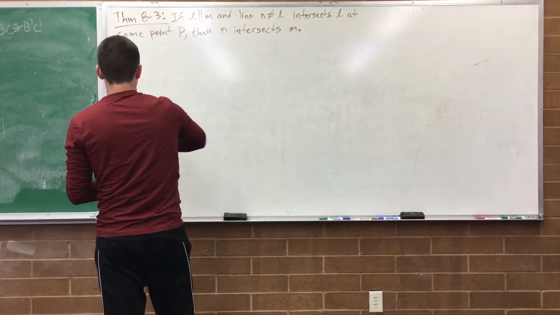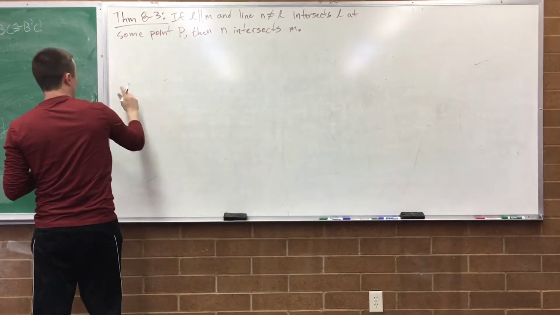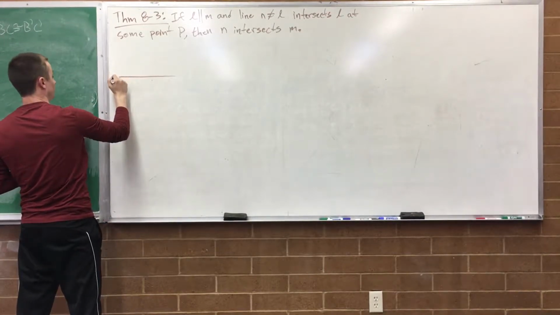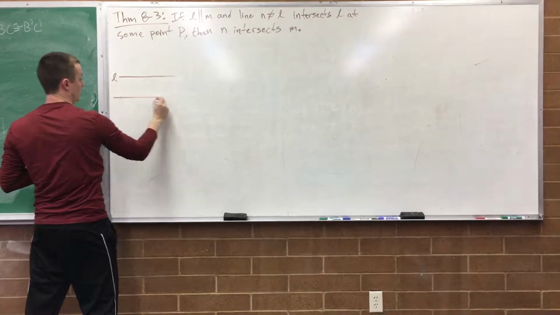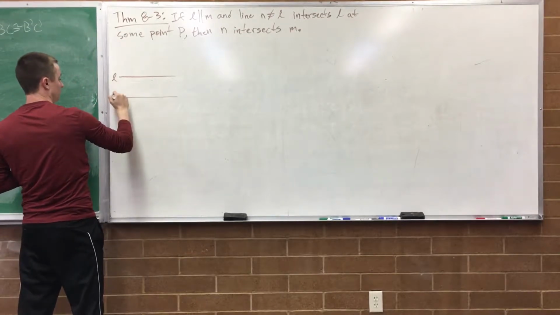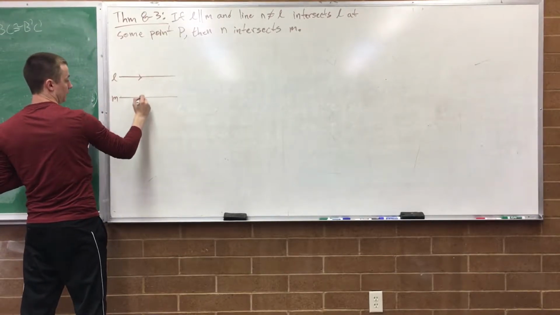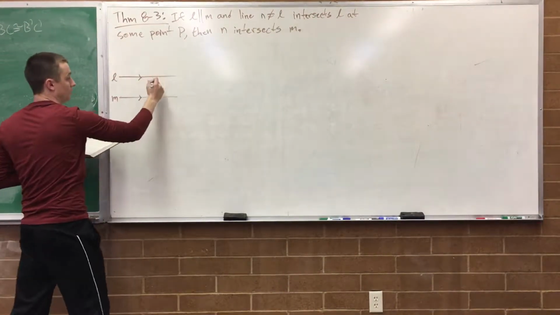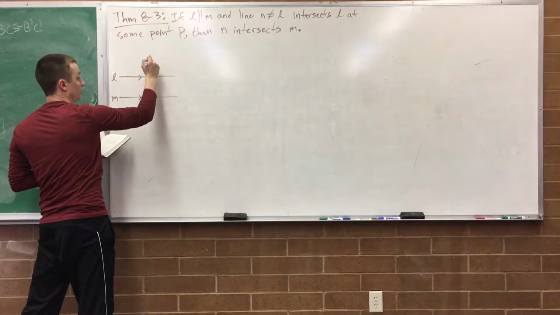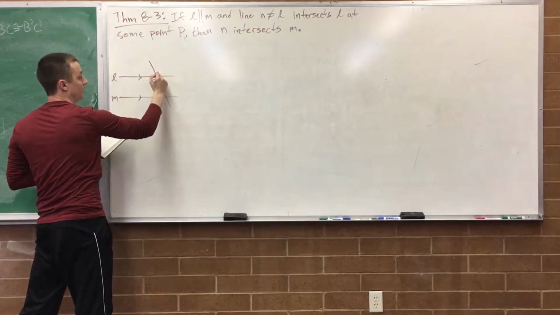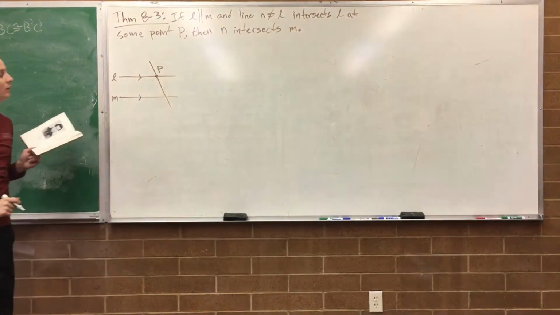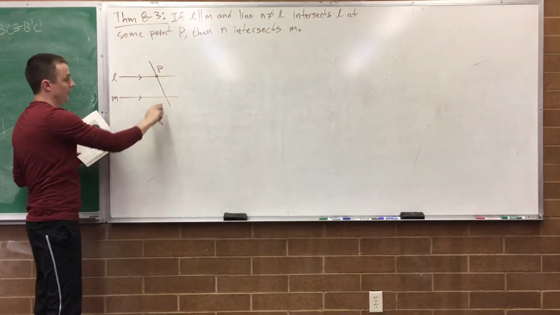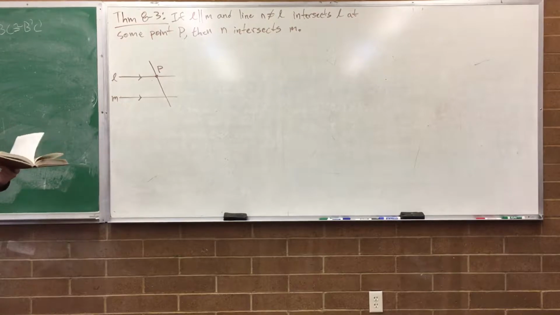So let's draw a picture of it. Our picture is we've got some line L, some line M. We know that these two lines are parallel. And we're saying that some other line N comes along and it intersects L at P. We're proving that it also intersects down here at M. Does that make sense?